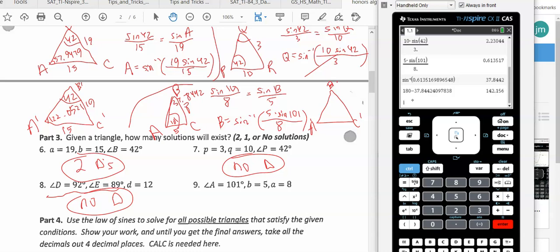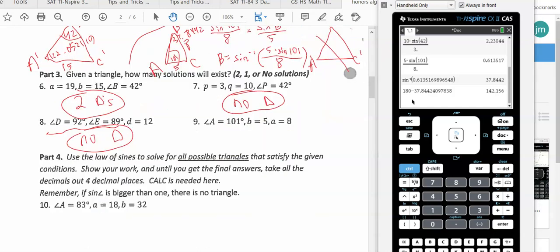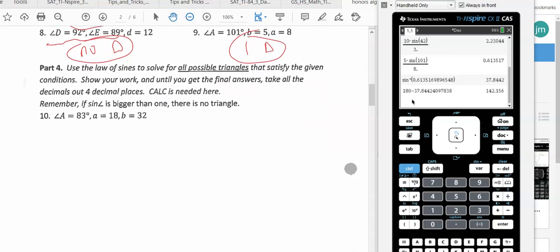Oh my goodness, that's no triangle, right? So that second triangle is not a triangle, but the first triangle, we're good. That's less than 180, we're good. So there is one triangle in this one. Just when we tried to draw that second triangle, we had a 101 and a 142, that's just way too much. It's way more than 180, so it's not going to work.